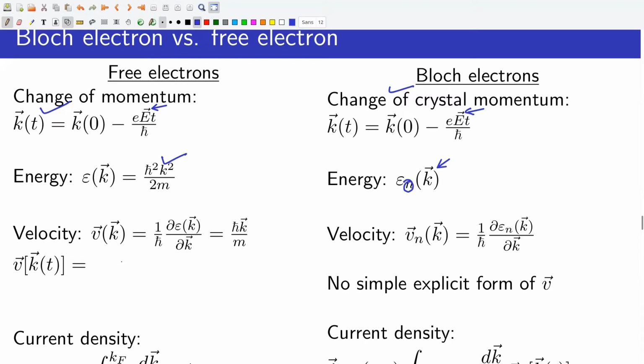In case of free electrons, velocity depends linearly on wave vector k.